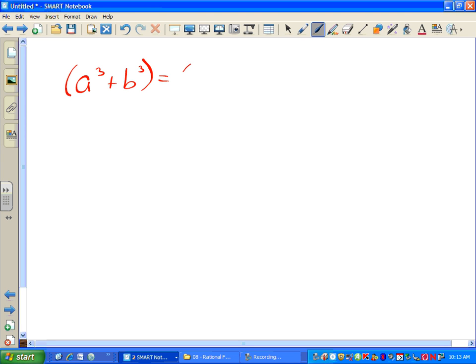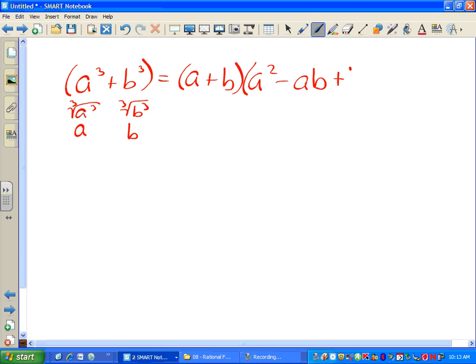What you need to do is take the cube root of your first term. So in our case, the cube root of a cubed is a, and the cube root of b cubed is b. So the formula ends up a plus b, a squared minus ab plus b squared.